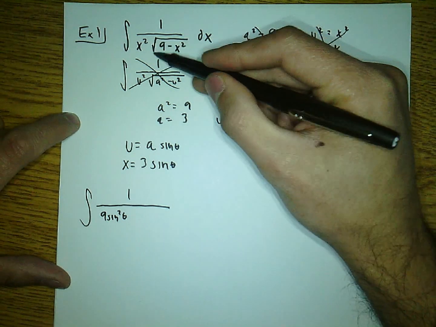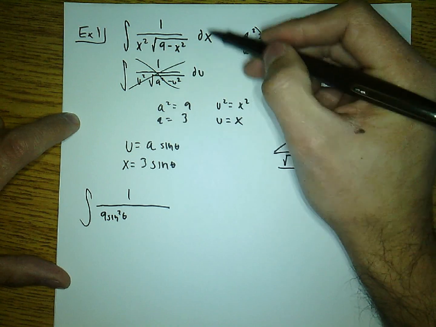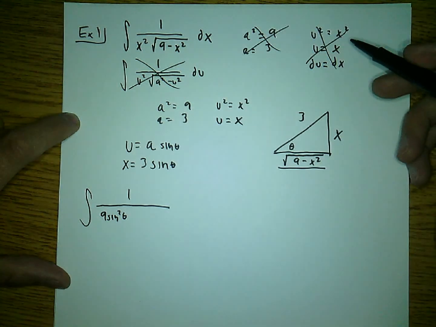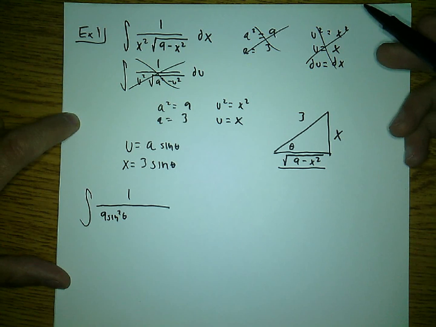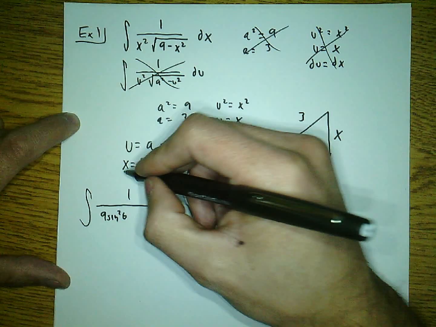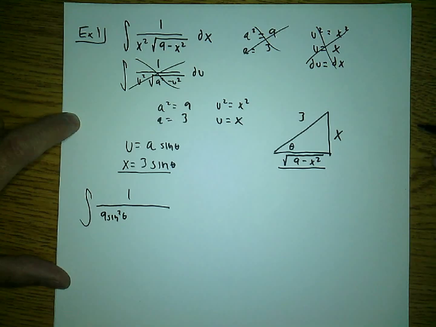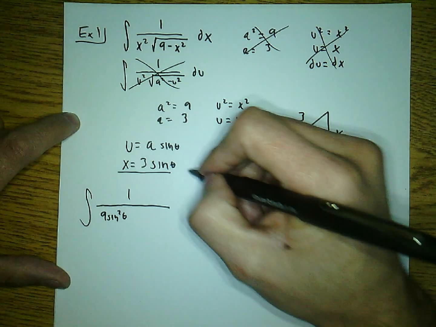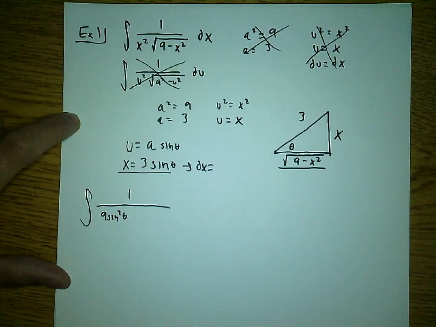All right. Now, think this through. I'm going to have to replace this here in just a second. I'll get to that in just a second. But I'm also going to have to replace dx. Dx means that I'm going to have to take the derivative of what? X. Which means if I have an x expression right here, I'm going to have to take the derivative of it. So what's dx?